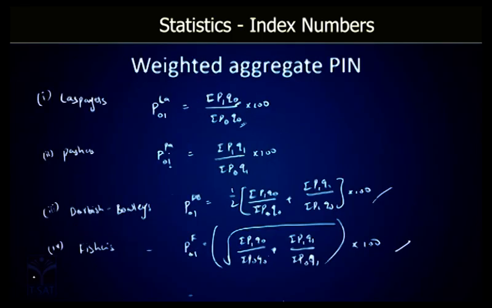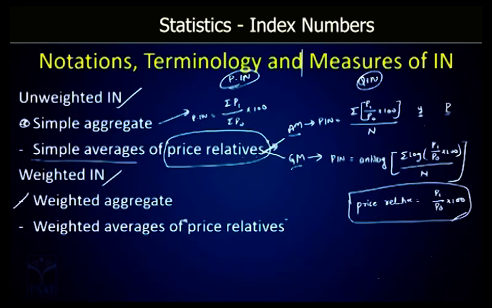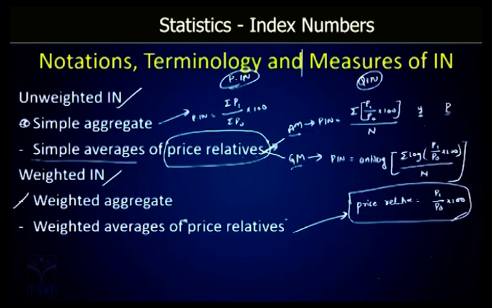Okay, these are the weighted aggregate price index numbers. Now the weighted average of price relatives. We have already seen that price relative is nothing but P1 by P0 into 100. In this weighted average of price relatives we have again the arithmetic mean and the geometric mean.